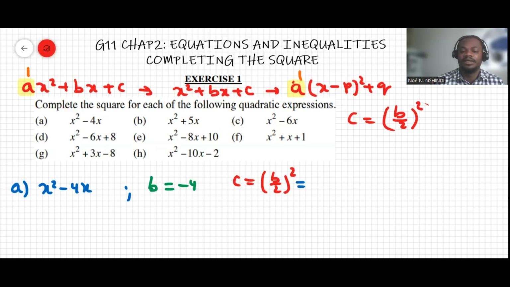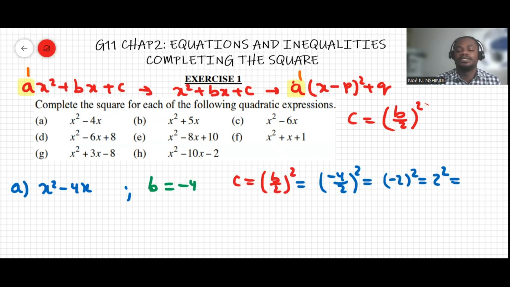It's going to be (-4 over 2) to the power of 2, which is equal to (-2) to the power of 2. This is just 2 squared, which is equal to 4. When the exponent is an even number, no matter what the sign of the base is, the result is always positive. So (-2) to the power of 2 is just 2 squared, which is equal to 4.